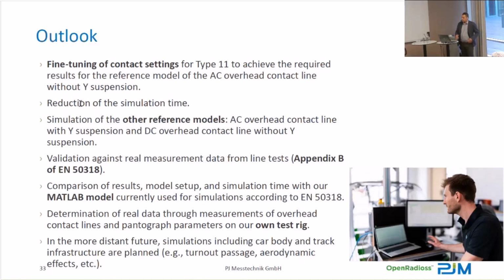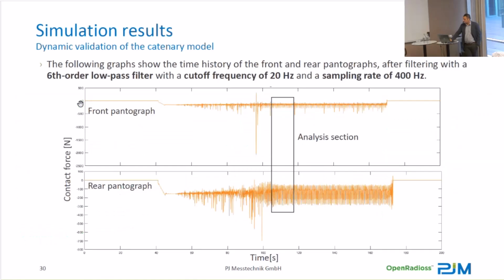We can reduce this a lot, I'm sure about that. And also, if you have a look at the results again, maybe if everything goes well, we just have to simulate until here because nothing is changing. So if we get for the first pantograph a similar result as for the second pantograph, then we can cut off already at 120 seconds, for example, and make the simulation faster.